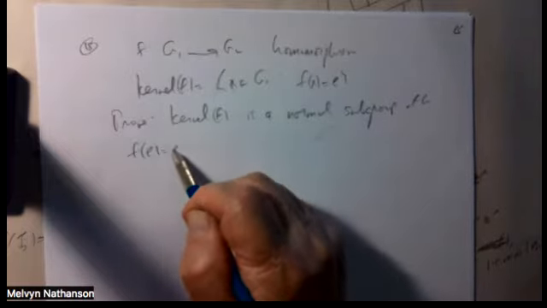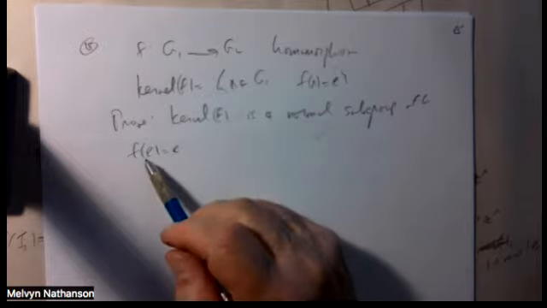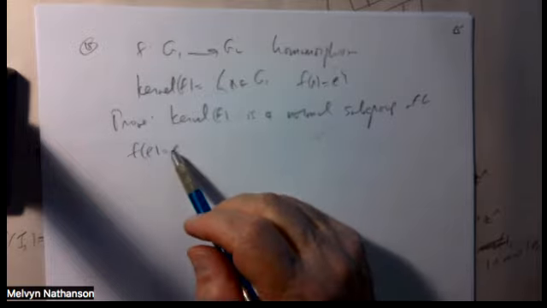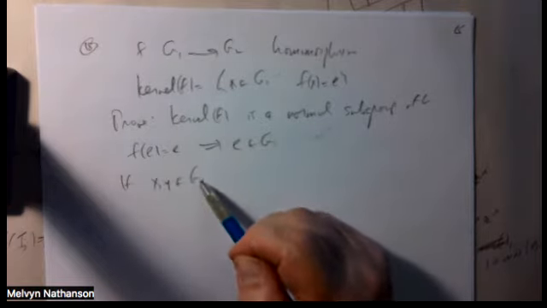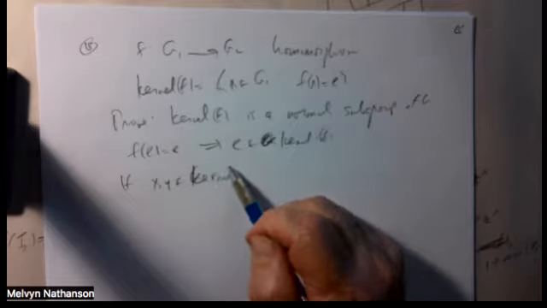So first of all, we know that F of E equals E, right? We proved that a homomorphism sends the identity to the identity. So the identity is in G1. If X and Y are in the kernel, so E is in the kernel of F. If X and Y are in the kernel, then F of X and F of Y equal the identity.